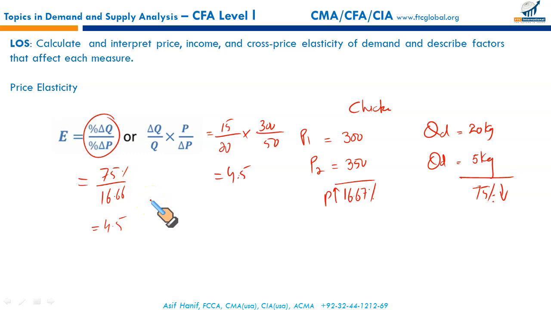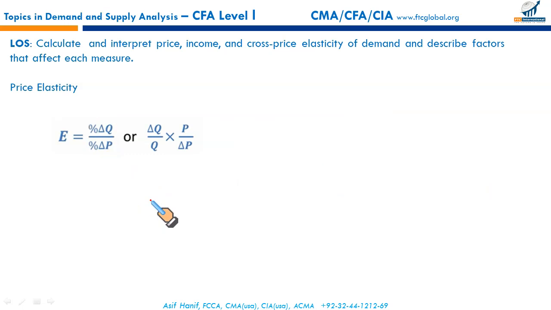Okay, now let's see an example where we have a relatively inelastic demand. Let's say, talk about something I love. Let's say right now the price of mutton is about 1400 PKR per kg. That's the price.